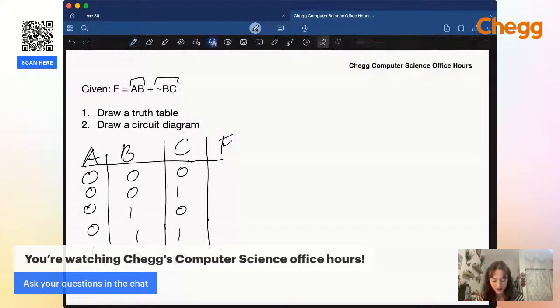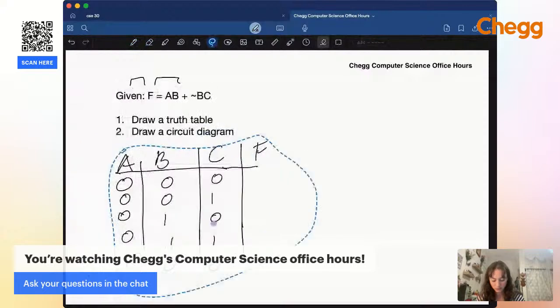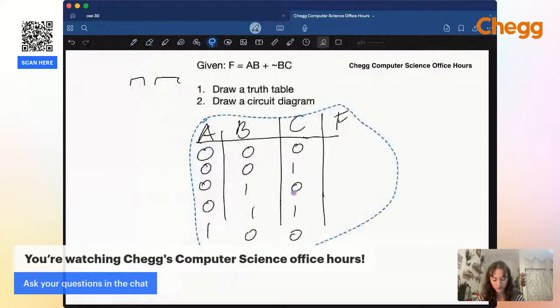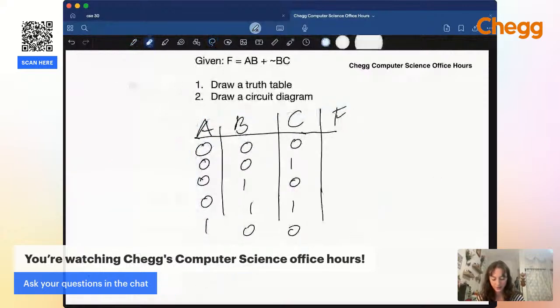I'm gonna have to move this. Just move that up there. And then 1, 0, 1, 1, 1, 0, and 1, 1, 1. Okay, I think that's all the combinations.